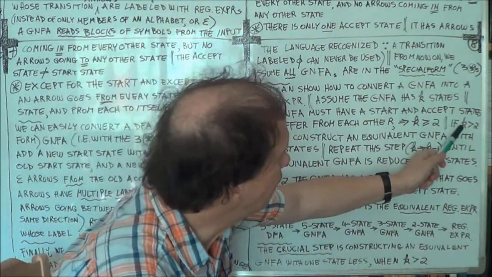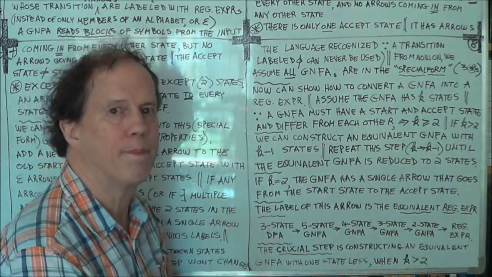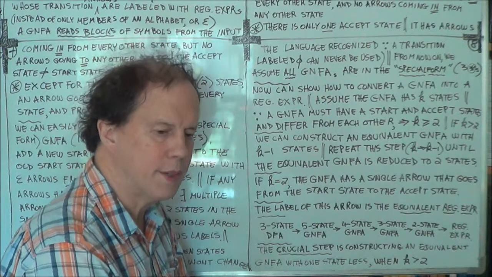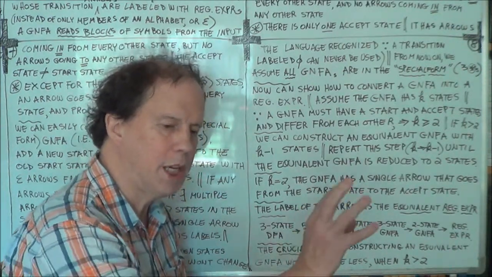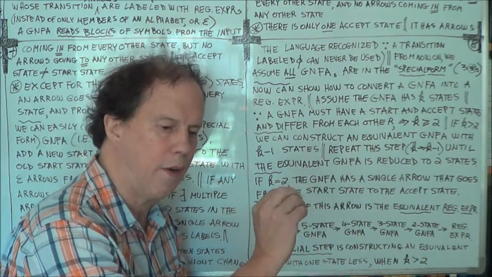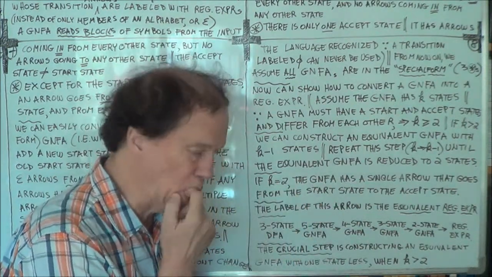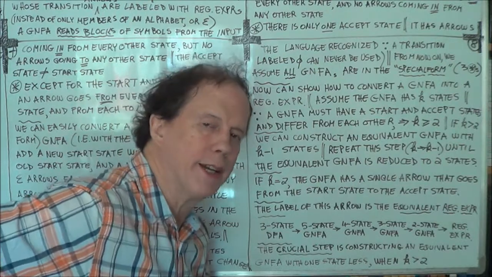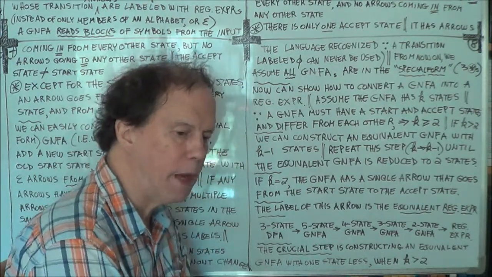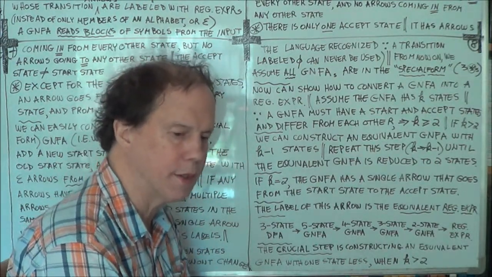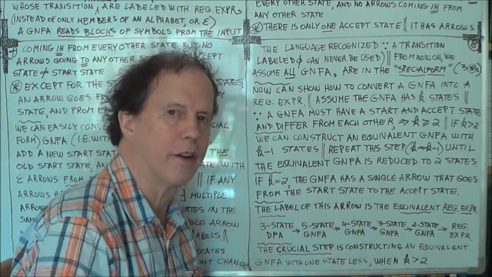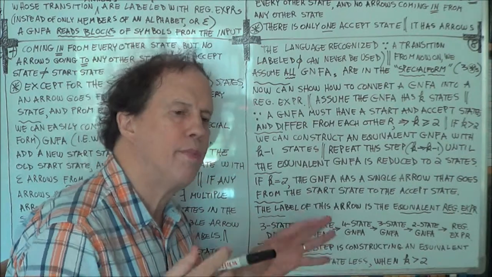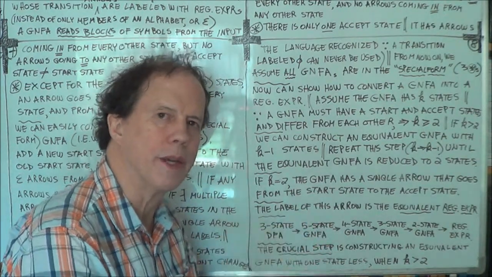Now, if k is greater than 2, then there's a process where you can take one of your states, not the start state, not the accept state, but one of the other states, rip it out of your state transition diagram, and then repair the damage, so to speak.